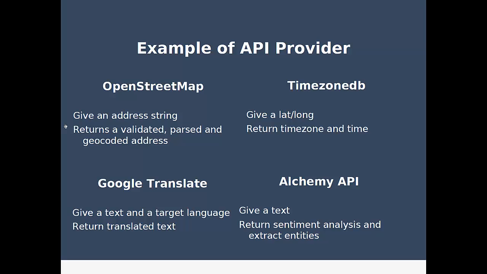Google Translate also has an API where you can give it text and it will return the translated language. And finally, Alchemy API, which we mentioned previously, has a sentiment analysis service and named entity extraction.